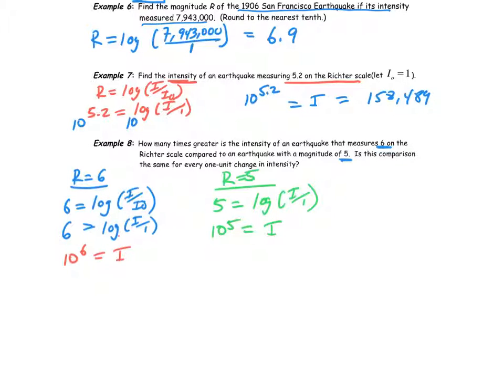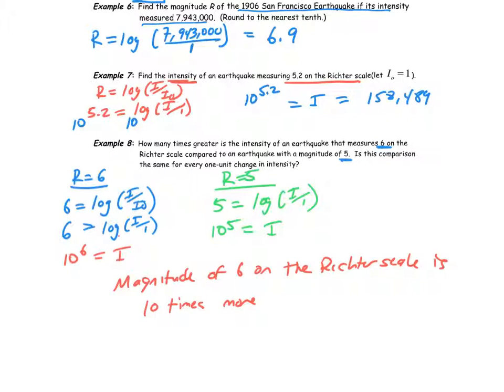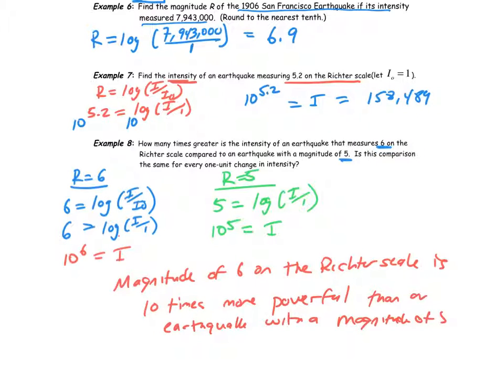We can say that a magnitude of 6 on the Richter scale is 10 times more powerful, because the intensity is 10 times as great, than an earthquake with a magnitude of 5 on the Richter scale.